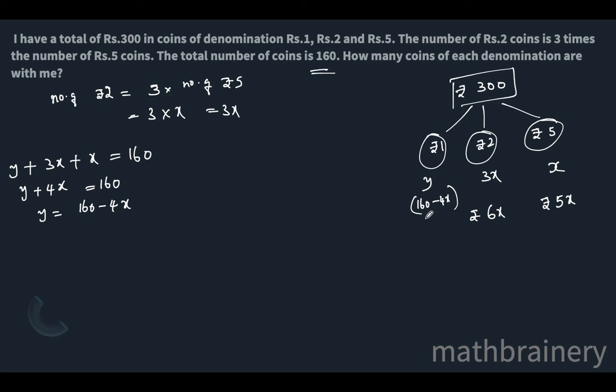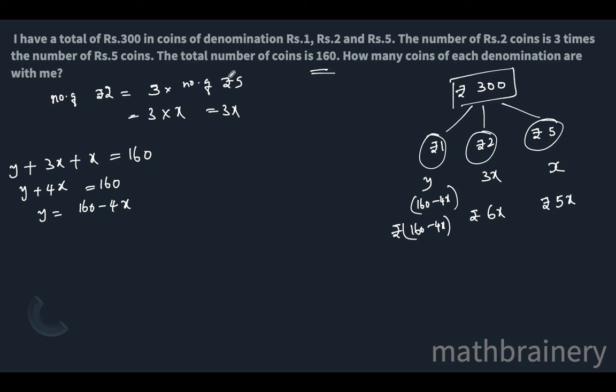And if I have 160 minus 4x 1 rupee coins, that means I have 160 minus 4x into 1, that is 160 minus 4x rupees. These are now the values of the coins that we have. So we have 160 minus 4x rupees of 1 rupee coins, 6x rupees together for 2 rupee coins, and 5x rupees of 5 rupee coins.